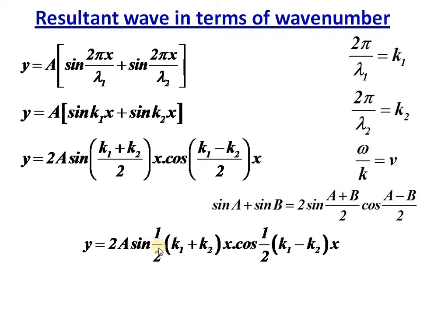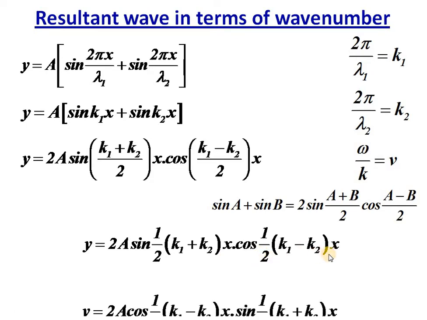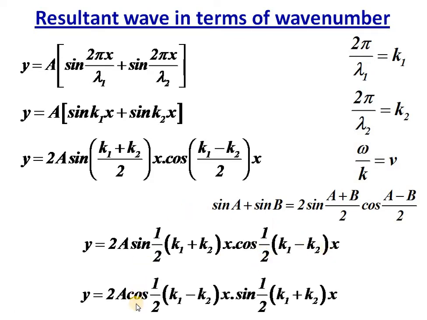So you have sin of 1 by 2 (k1 plus k2)x here, and cos of 1 by 2 (k1 minus k2)x. Okay, and you can bring the cosine factor to first and the sine factor to second, because we have some purpose. That is why we did it like this. We brought the k1 minus k2 factor, the cosine factor, to the beginning and the k1 plus k2 factor, the sine factor, to the second.